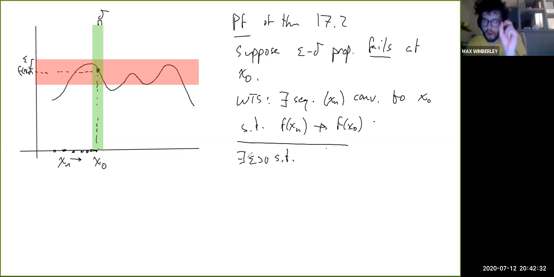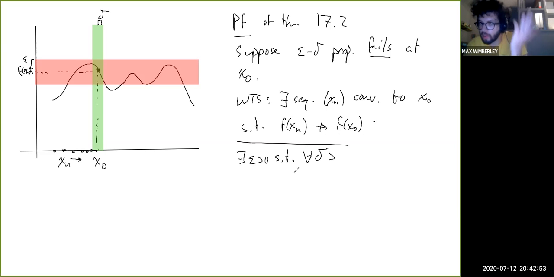There is at least one value of epsilon such that there is no choice of delta which forces f of x to stay within epsilon of f of x naught for all of those values. So basically what that means is for all deltas, right?